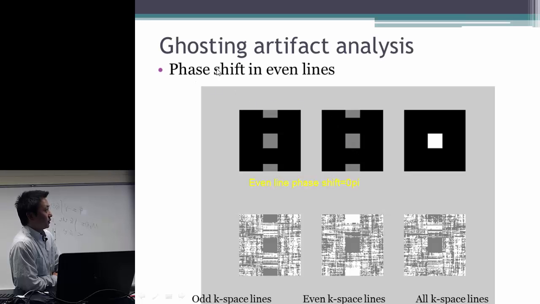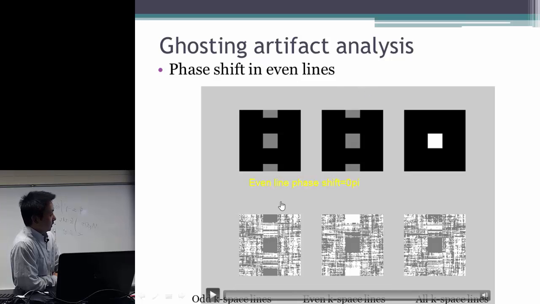So the next one. If we have a certain kind of phase shift in the even lines, so we keep the odd lines the same, and we add the phase shift in even lines, let's see what the results look like as a function of this phase shift.